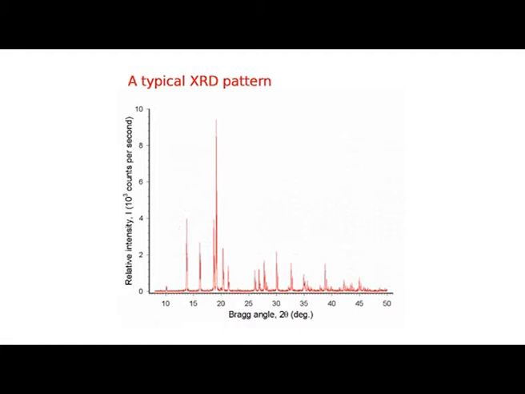The Bragg angle is the angle at which constructive interference occurred, and the intensity with which different planes diffract is totally different, based on the electronic density of those planes. So, that forms an introduction to the technique of XRD.